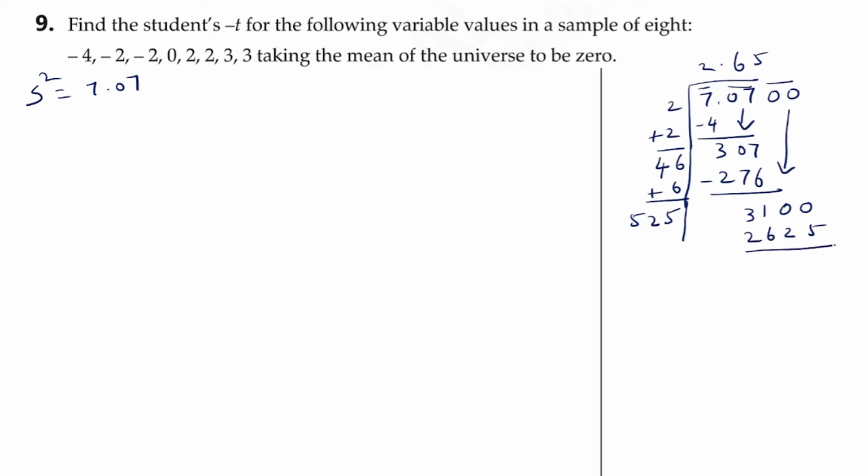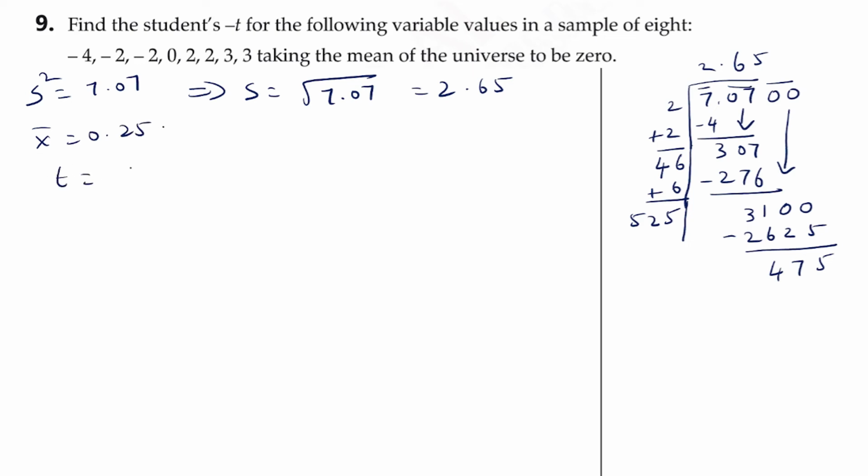We get 2625. This when we subtract, we get 475. So let us stop with 2 decimal values. This implies s is equal to root of 7.07, it is 2.65.